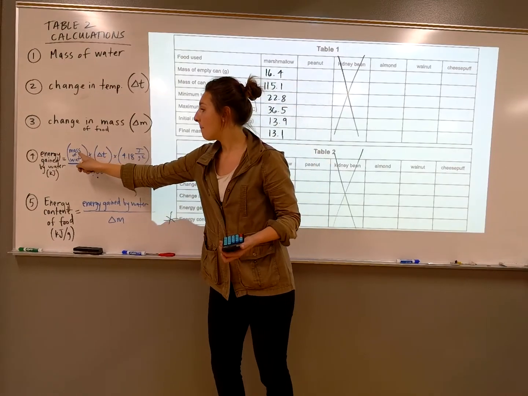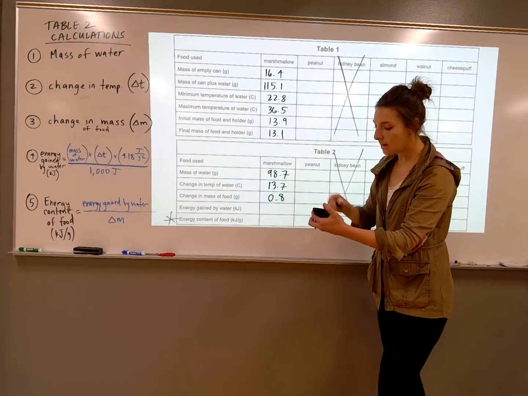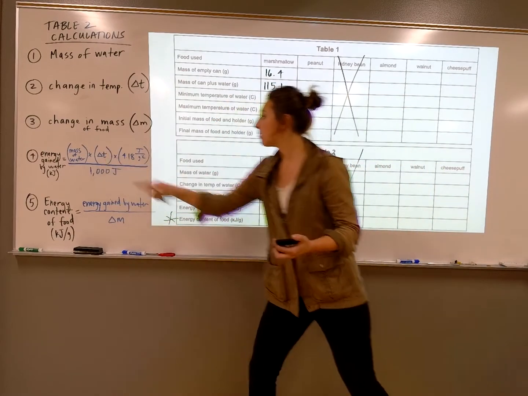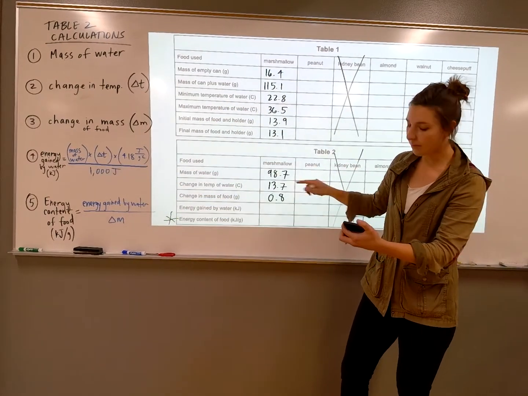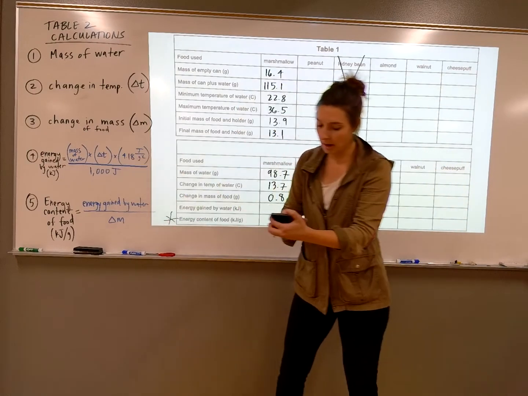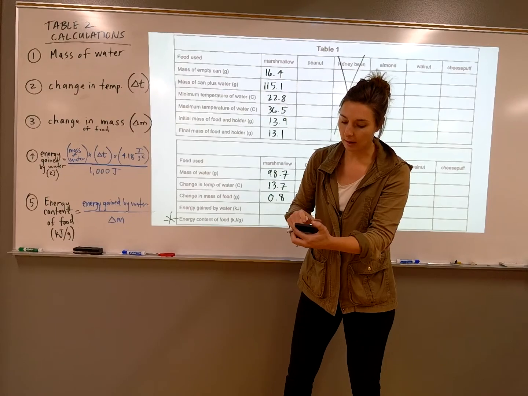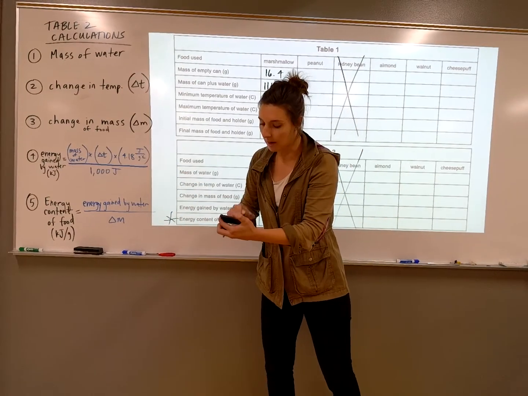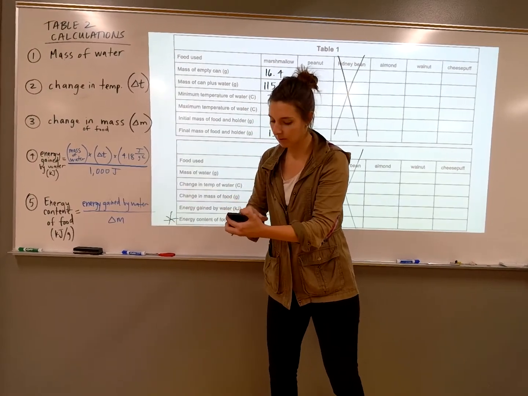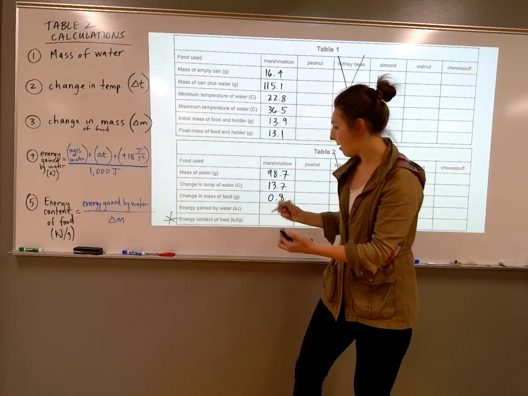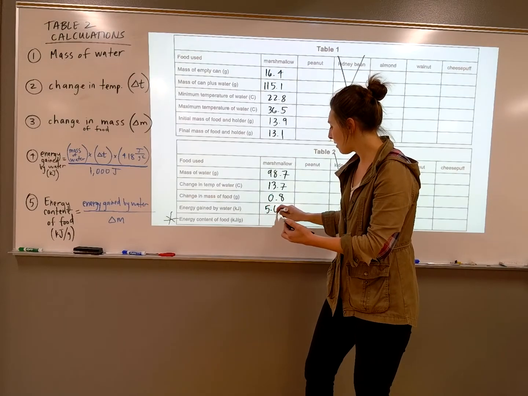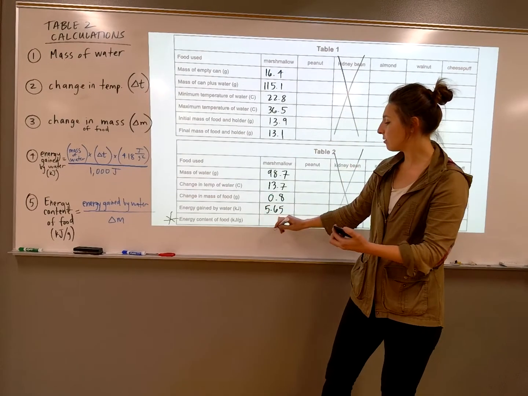We're going to multiply the mass of the water, so 98.7, times the change in temperature of the water, which was for the marshmallow 13.7, times 4.18. I'll explain what that is in a second. Okay. I'm going to hit equals, and then I'm going to divide by 1,000. And I got 5.65. We'll round to 2 decimal places.